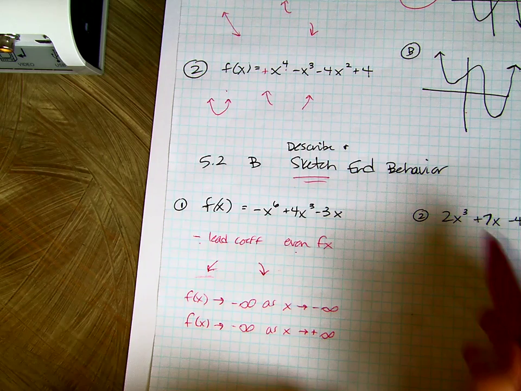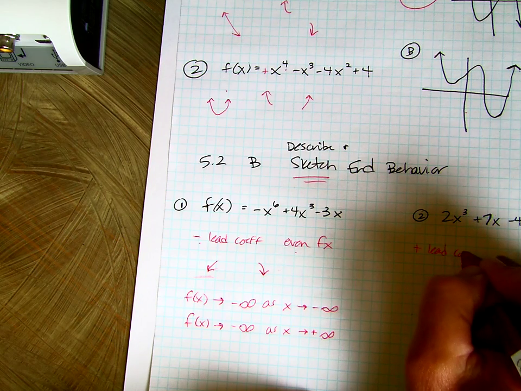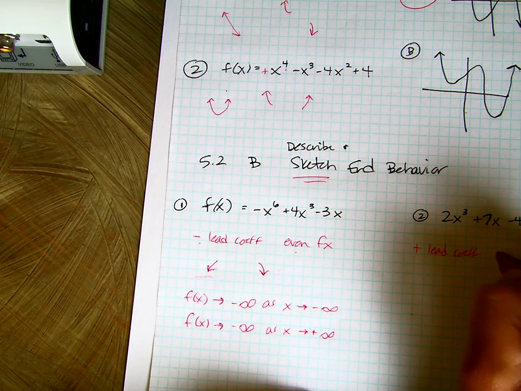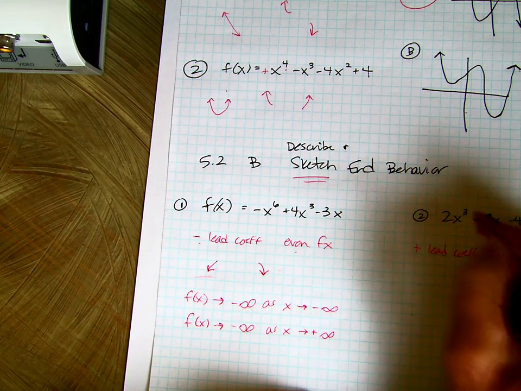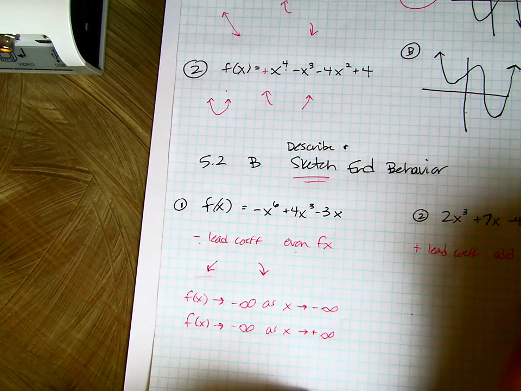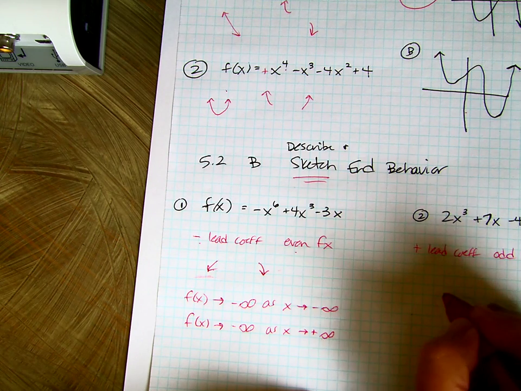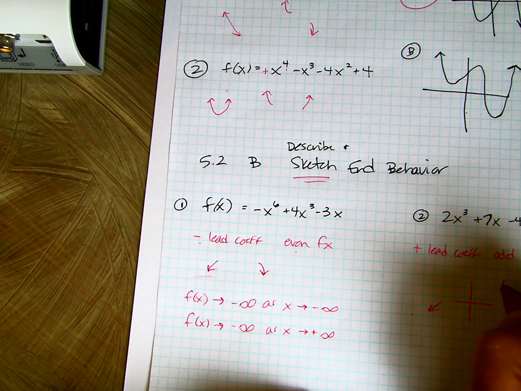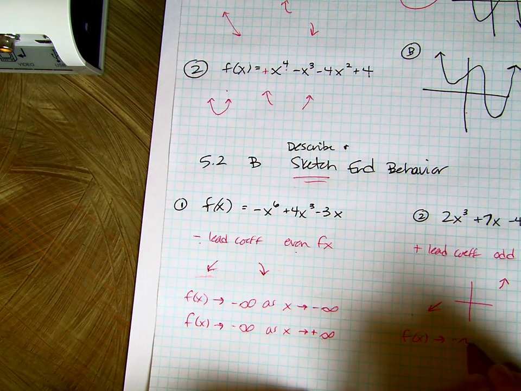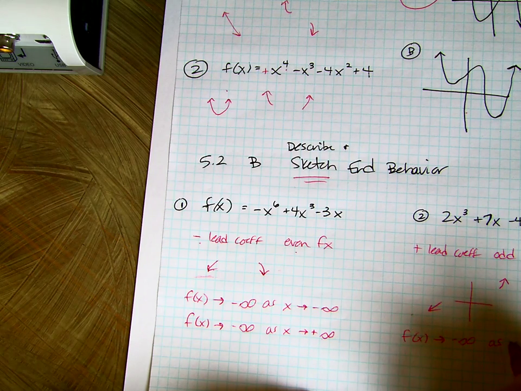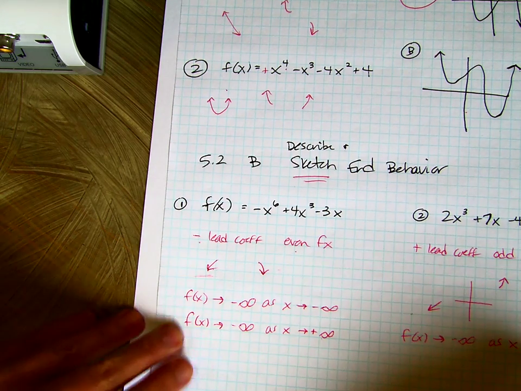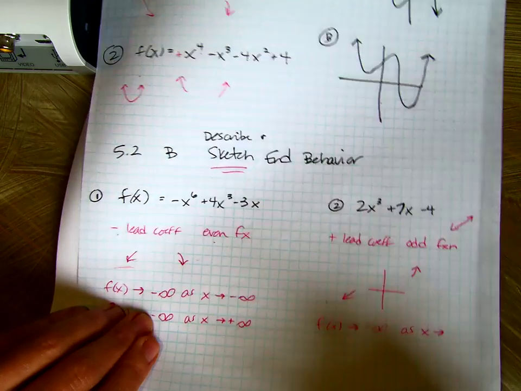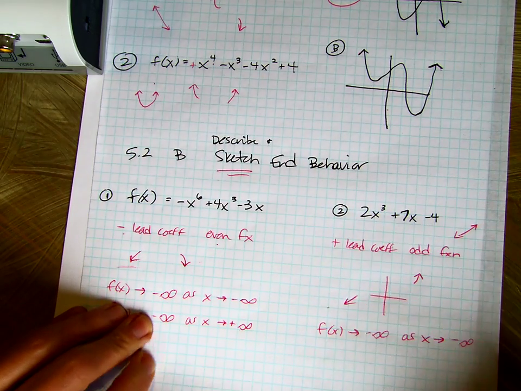Here's a positive leading coefficient. It's an odd function because that's an x to the third. So just like a positive line would go like this, I'm going to go down to the left, I should have put my axis up there, and up to the right. So the value of my function is going to negative infinity as x goes to negative infinity.